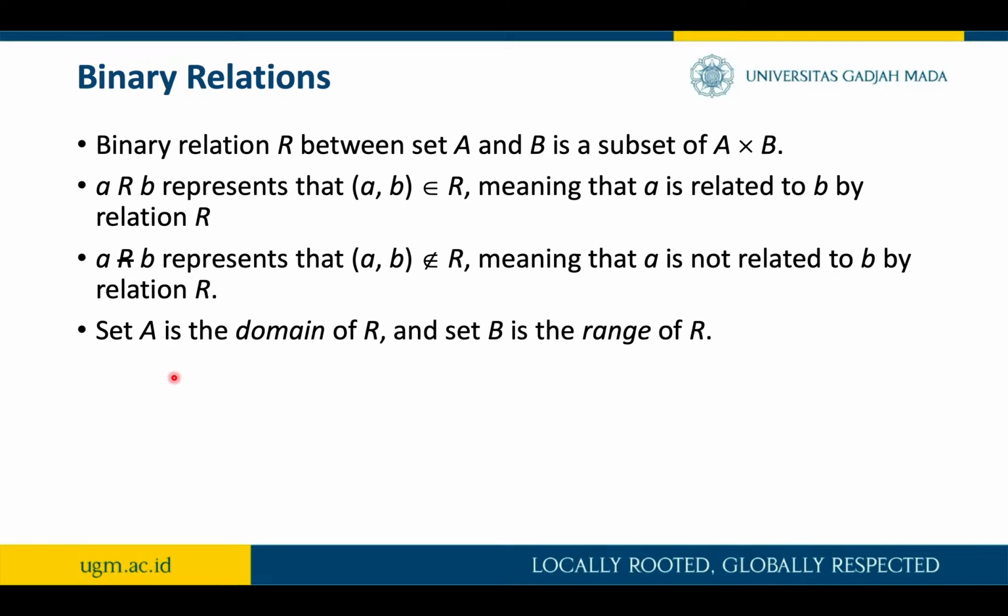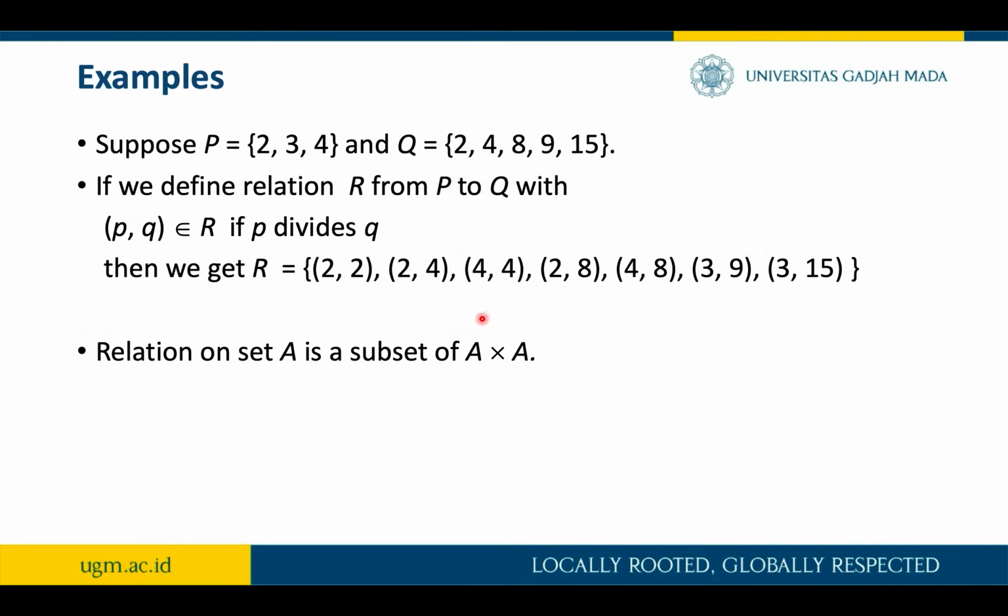So for example, we have a relation that relates a member in set A and a member in set A. So it will be the subset of the Cartesian product of A and A. These are examples of binary relations.